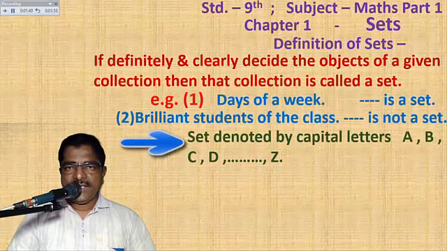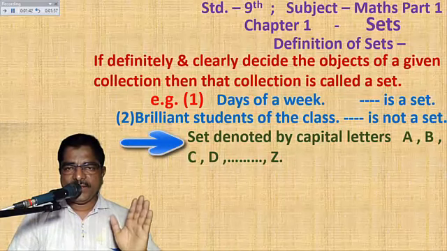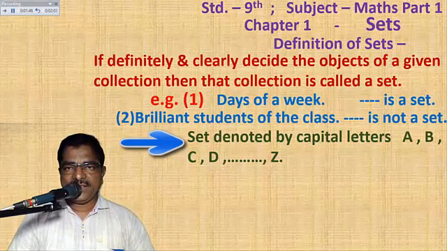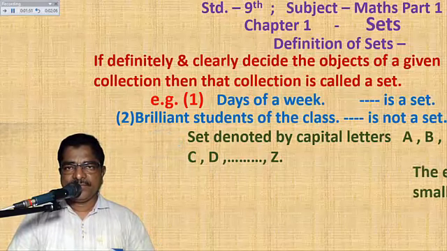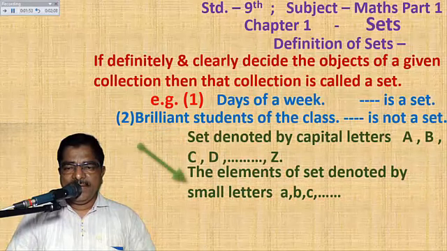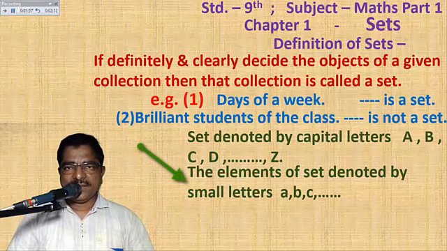Generally, a set is denoted by capital letters A, B, C up to Z. The elements of a set are denoted by small letters a, b, c, d up to z.